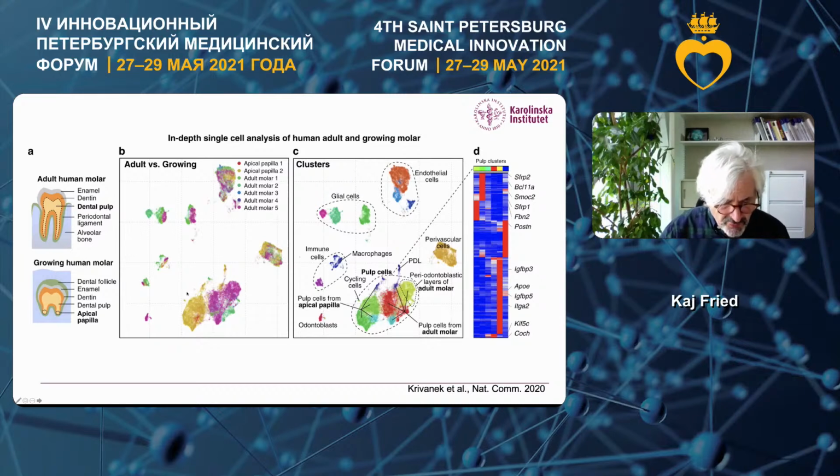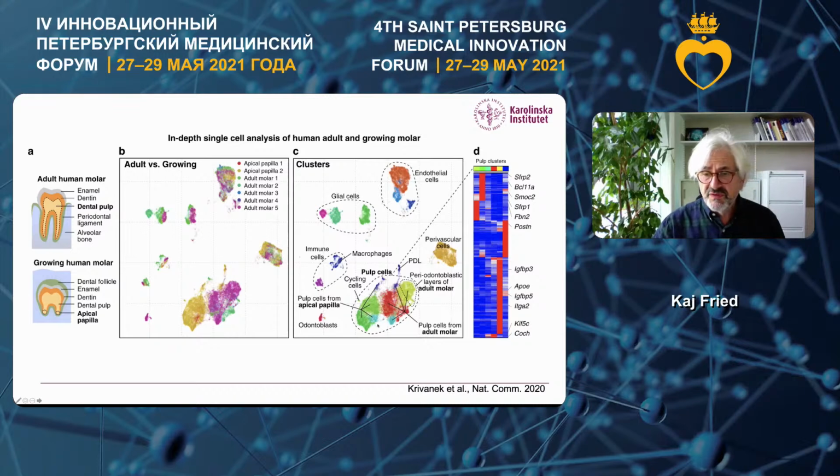And this image more or less shows that in this picture we have the apical part of the growing molar, which sort of corresponds to what we can see in a mouse incisor in the apical part. It has its specific signature, which we can see more or less here in this region when these cells are grouped through single-cell transcriptomics, while the adult cells are in another group.